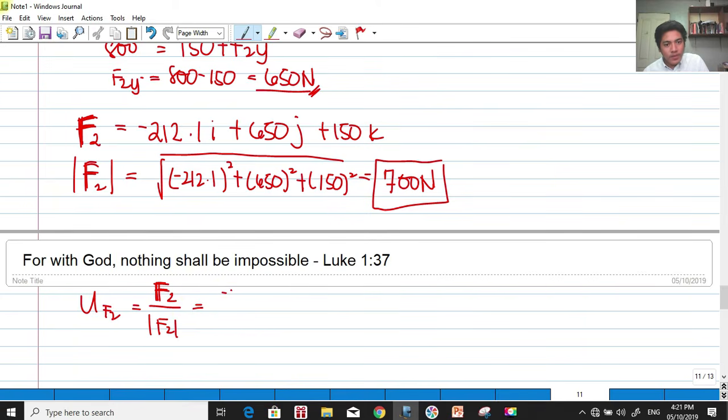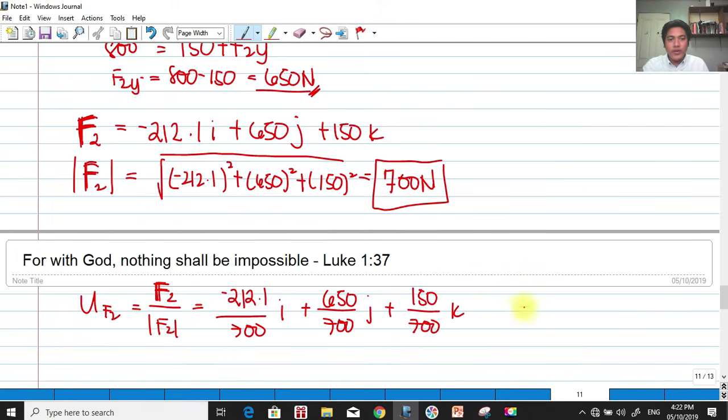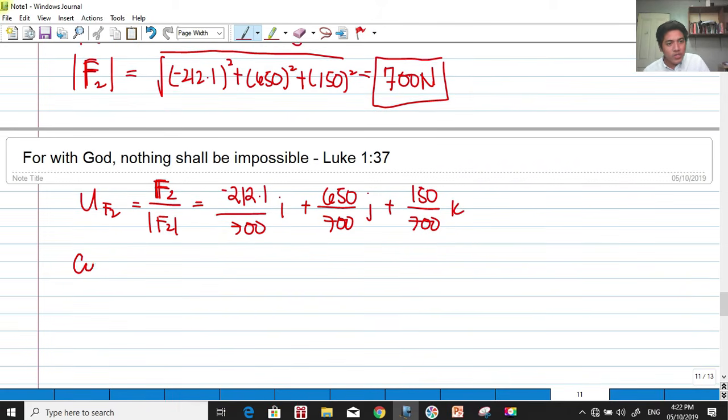So we have negative 212.1 over 700 i plus 650 over 700 j plus 150 over 700 k, and that is our unit vector. Cosine alpha is simply equal to negative 212.1 over 700, and if we solve for alpha, that is 108 degrees.